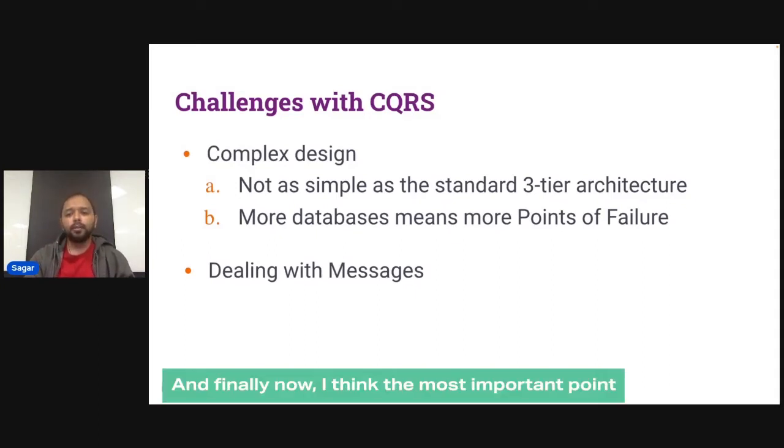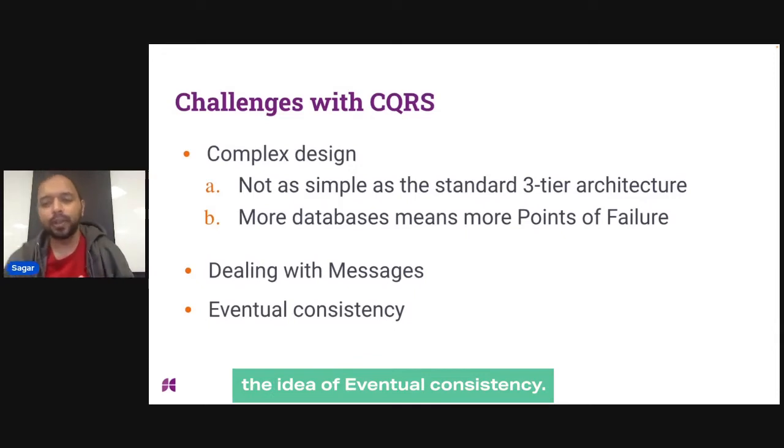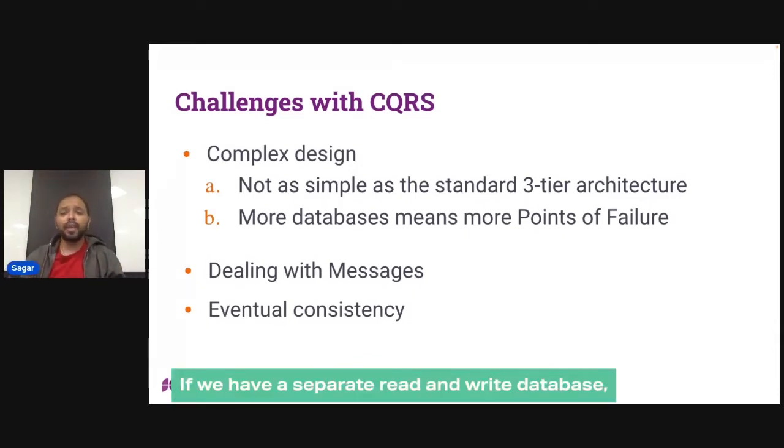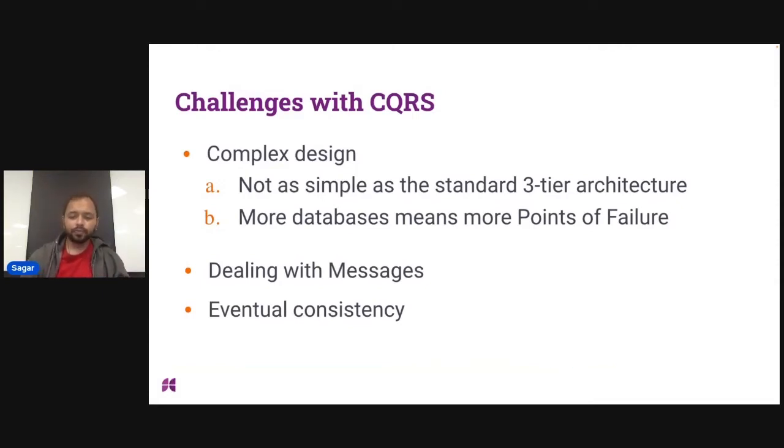And finally, I think the most important point when trying to work with CQRS is the idea of eventual consistency. If we have a separate read and write database, that means there is often a chance that the read data may be stale.